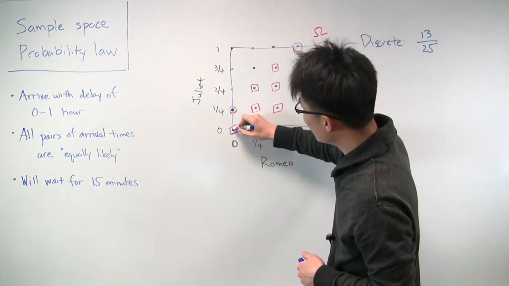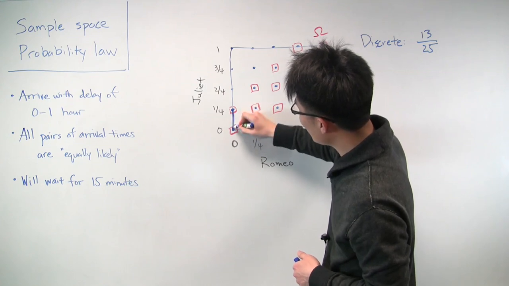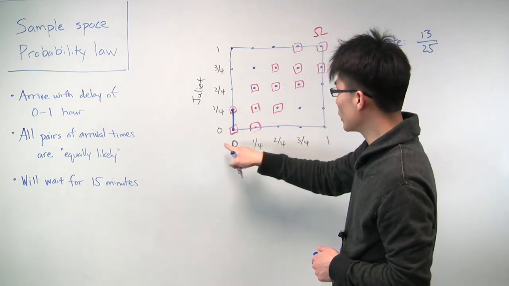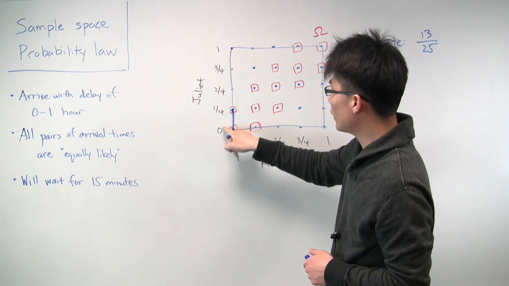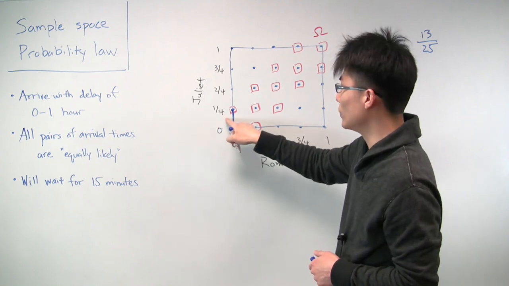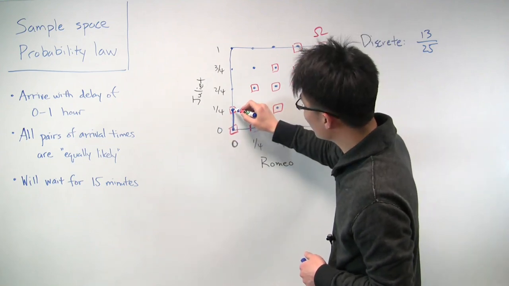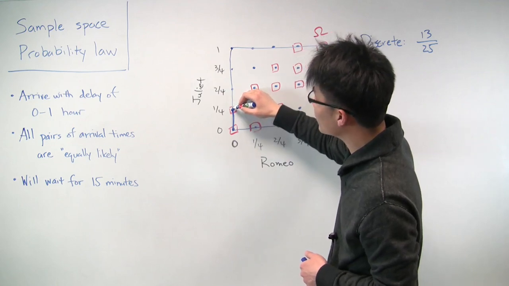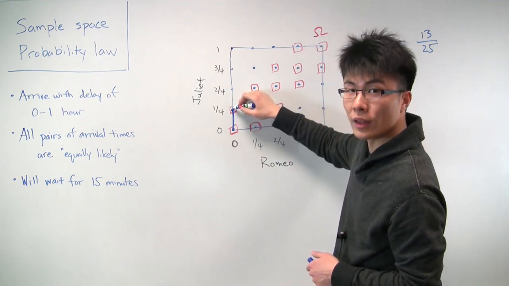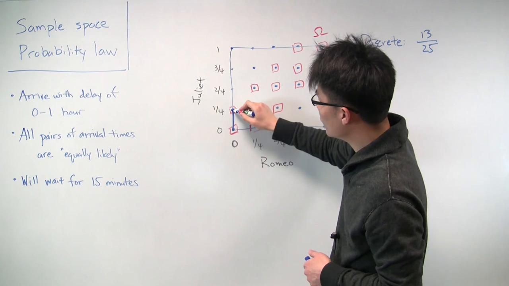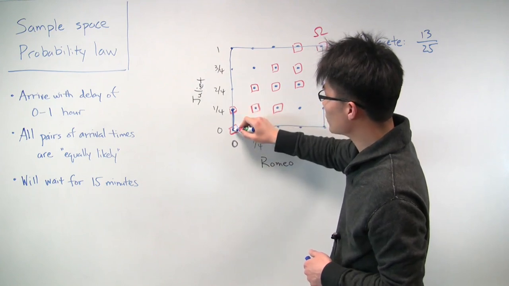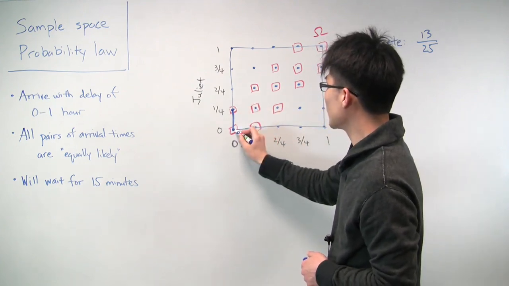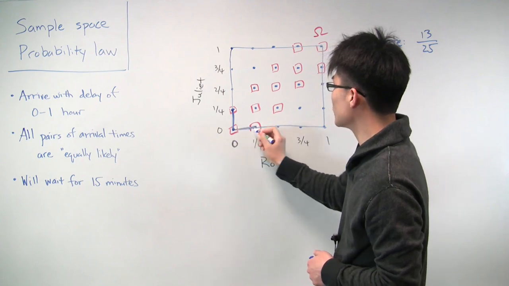And in fact, any pairs of meeting times between these would still work, because now Romeo can be on time and Juliet can arrive at any time between 0 and 15 minutes late. But you can notice that if Juliet is even a tiny bit later than 15 minutes, then they won't end up meeting. So this segment here is part of the event of interest. And similarly, this segment here is also part of the event.